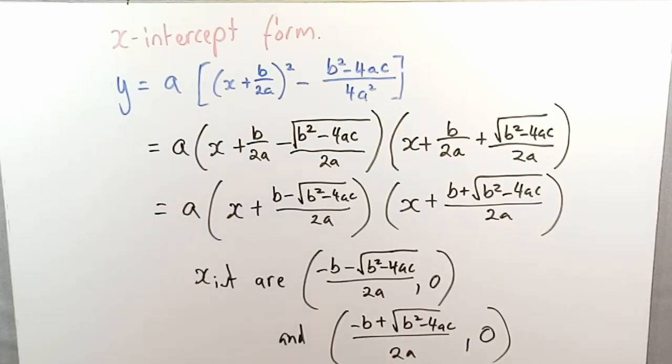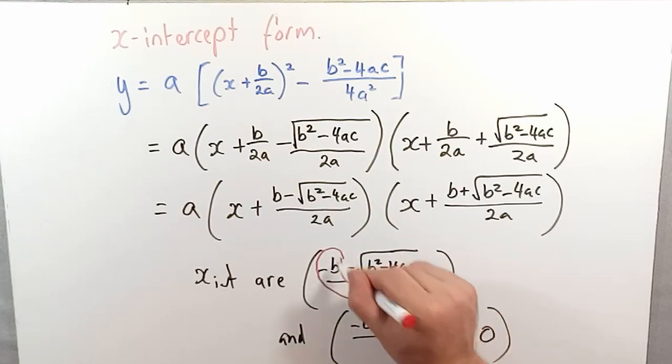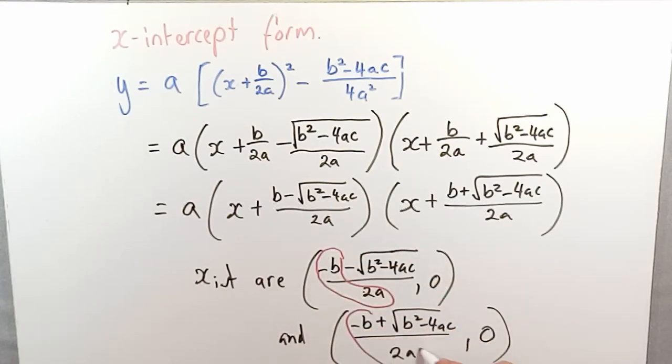And obviously, let's look at our axis of symmetry here. Negative b over 2a, our axis of symmetry. So we can tell that our whole parabola is symmetrical here, because our x-intercepts are going to lie the same distance from our axis of symmetry.